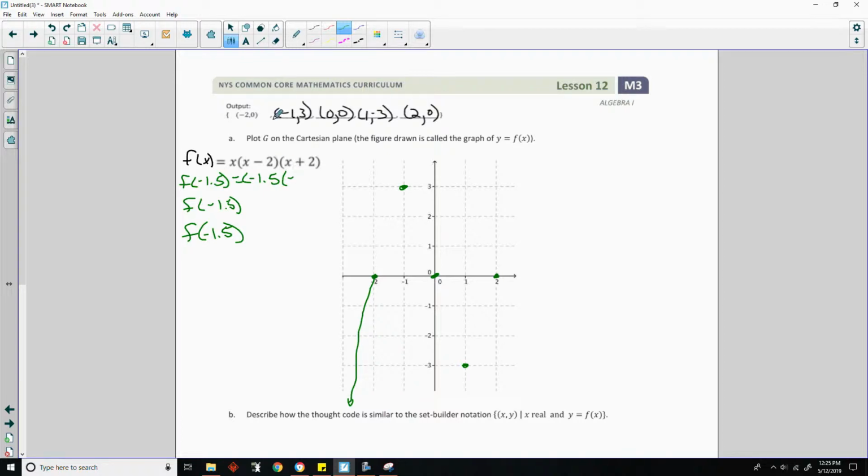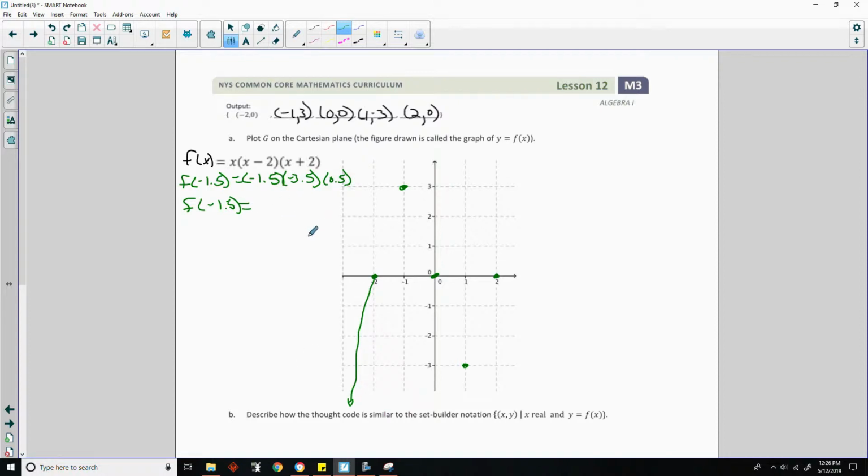I'm just going to skip a step here. Negative 1.5 minus 2 is negative 3.5. Negative 1.5 plus 2 is a positive 0.5, or 1/2.